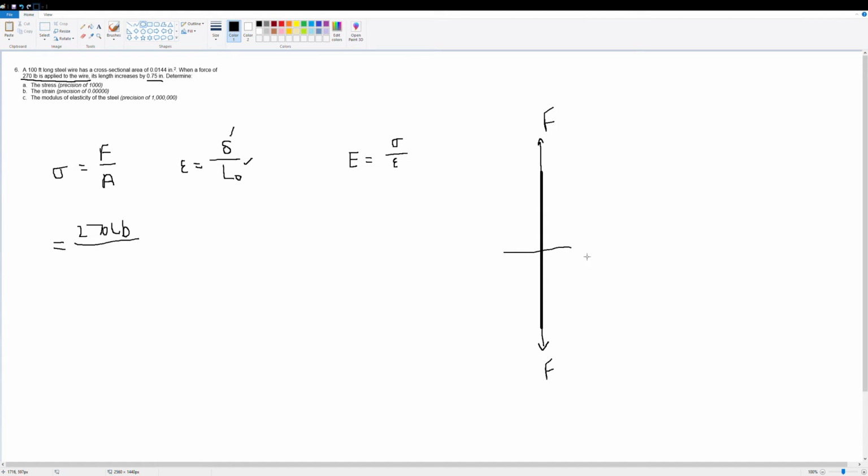That would be the shape the cross-section takes. I know the area of a circle is pi r squared, so if they didn't give you the cross-sectional area, you could solve for it using pi r squared. Okay, but lucky for us, they told us what it is. In this case, it's 0.0144 square inches.